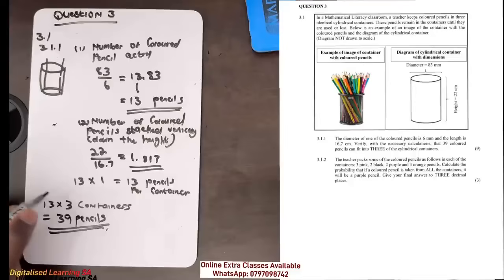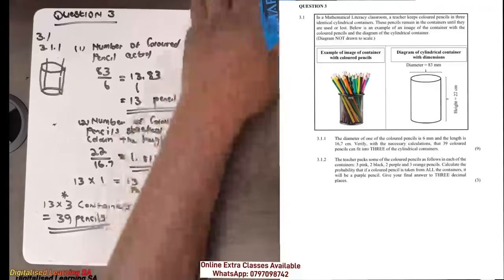So this is the 3 that they are talking about. So yeah, we can verify that 39 pencils can fit. Okay, so now let's move to our next question, which is question 3.1.2.